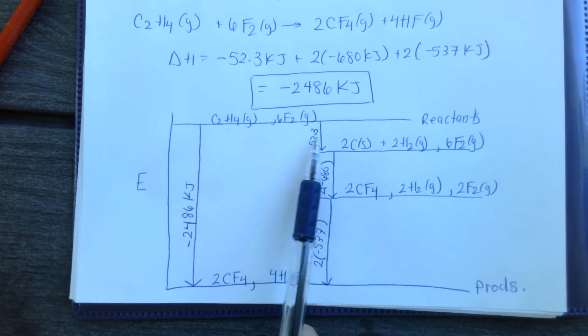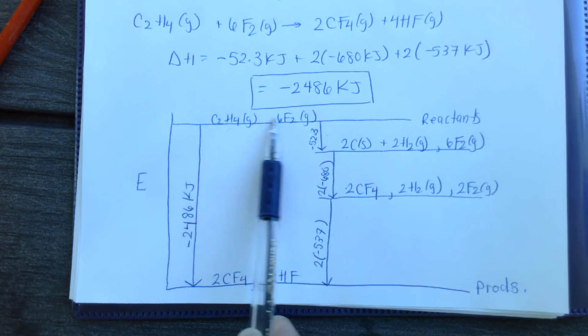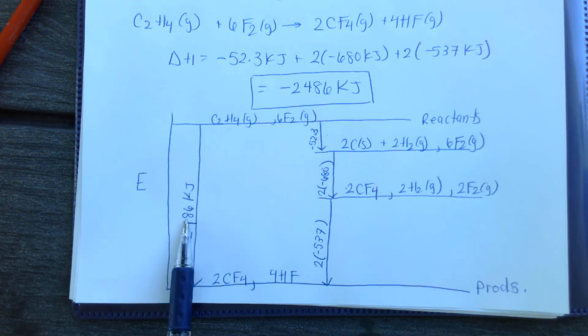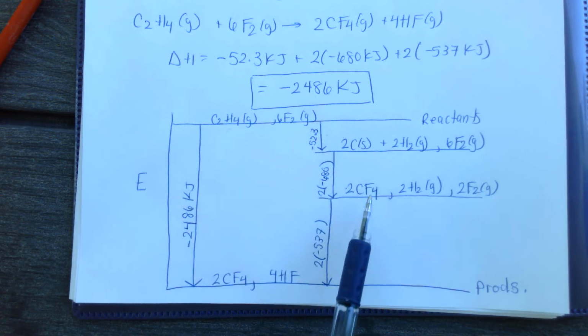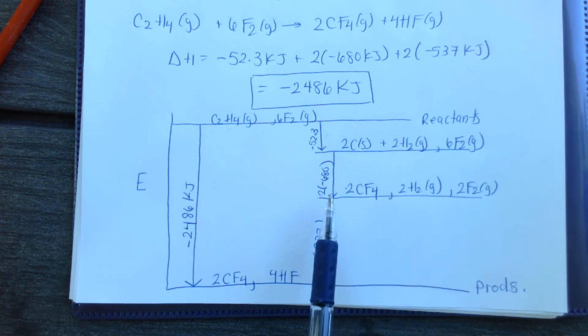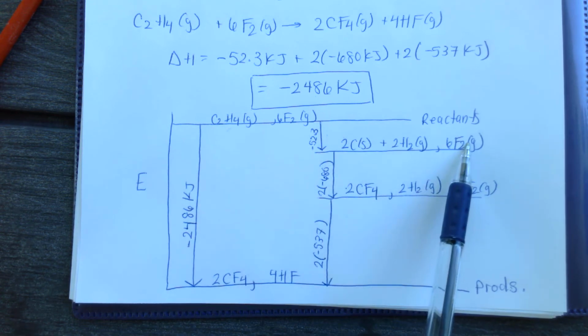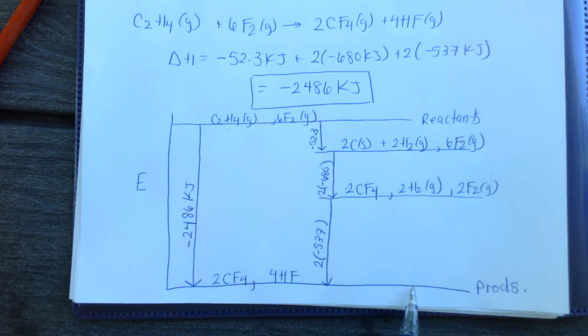So again, if we look at the reaction in steps, we can see what happened here. If you consider the full reaction, this turning into these products, this is the energy. But if you look at the steps that happened, you have breaking things up into elements, and then you have things combining to make products, your carbons and your fluorines coming together, and then finally your hydrogens and fluorines coming together.